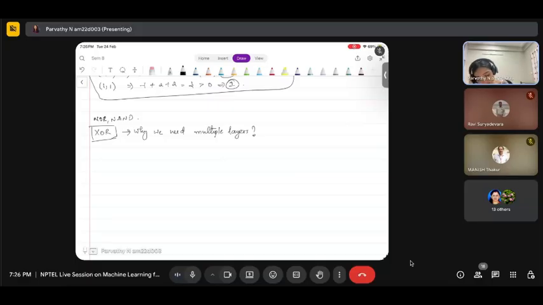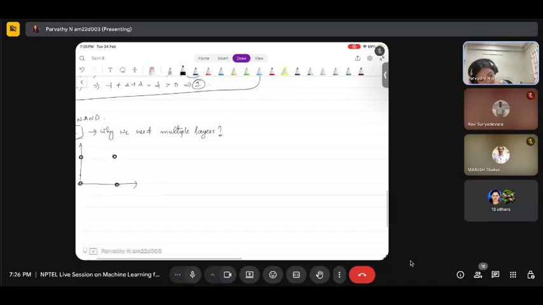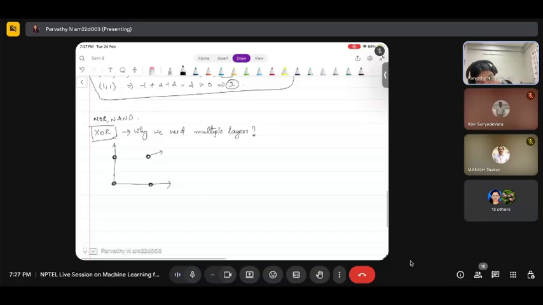So in case of XOR, when we plot those 4 points, 0, 0, 1, 0, 0, 1, 1, 1, this is my 1, 1, and this is 0, 0.